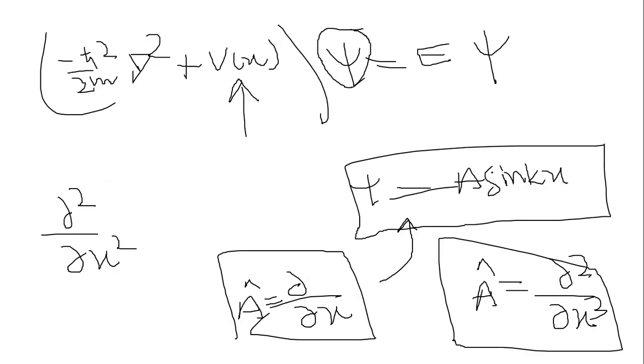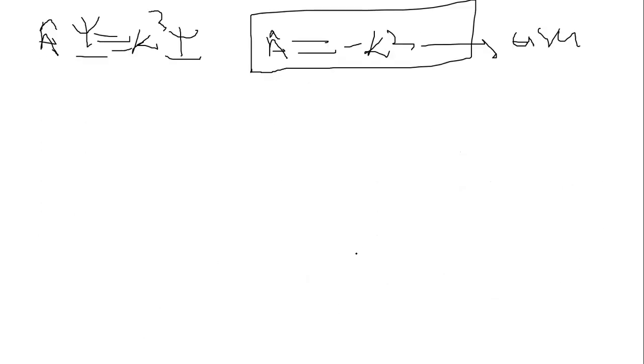So this state psi equals A sin kx is an eigenstate for the operator A cap equals del square by del x square, but this state is not an eigenstate for the operator del by del x. Is it clear?